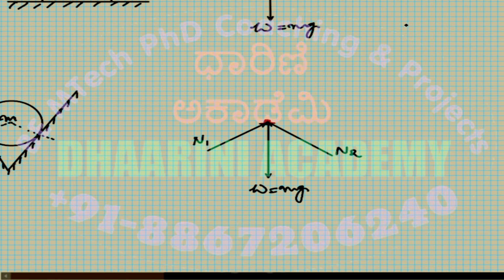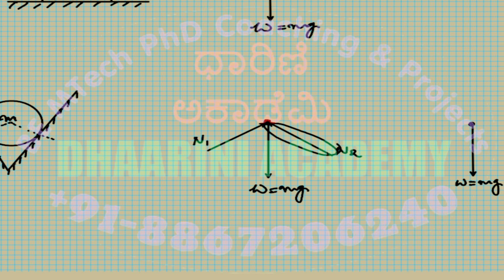So I can equivalently write this as, the first part I will keep as it is. So this is the center of mass, and there is a force that is acting vertically downwards like this. Okay, this is W is equal to M into G. Now, instead of writing a force on this side, I can actually move this to the other side of the center, the central point where we consider the whole mass is concentrated.